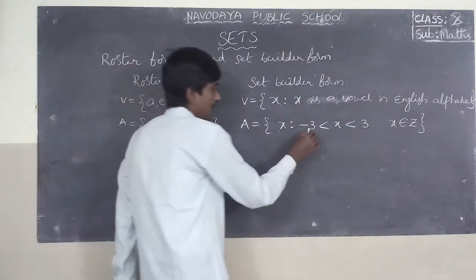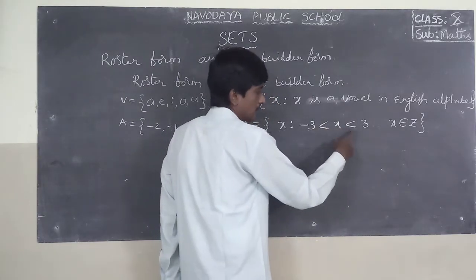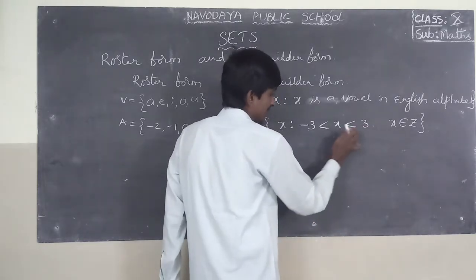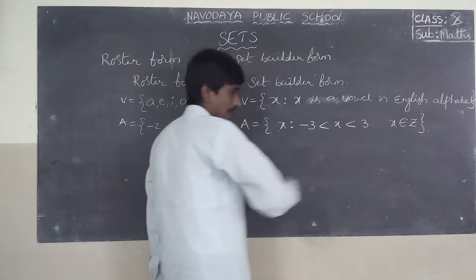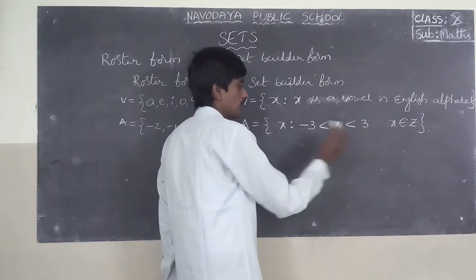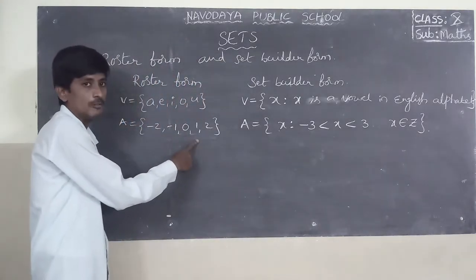So -3 less than x means -2, -1, 0, 1, 2 and so on, and x less than 3 means below 3, and -3 and above. So -2, -1, 0, 1, 2.